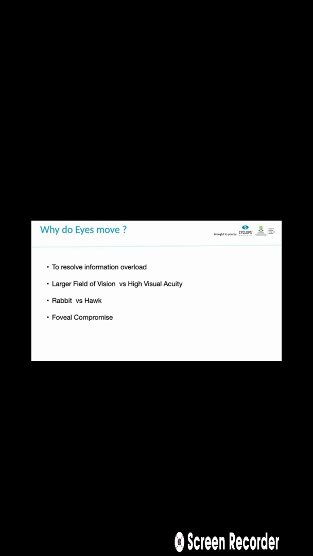So you have the best resolution at the fovea and a little less resolution in the periphery. This adaptation is called the foveal compromise strategy. So this solves the problem of information overload.